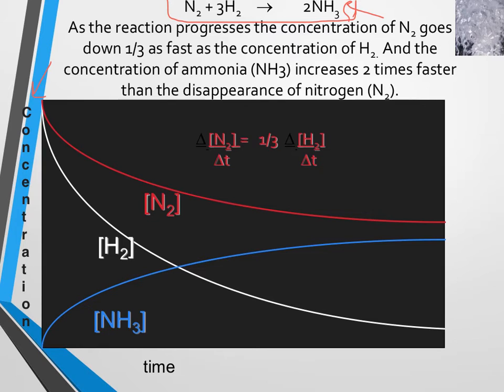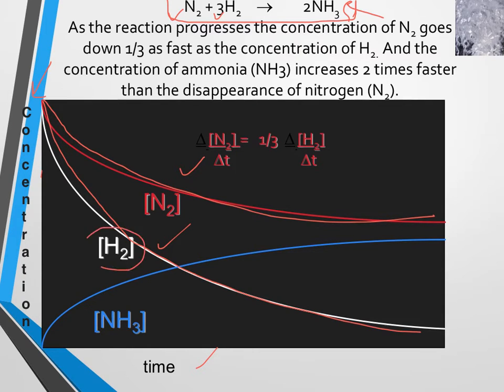So we have concentration on the y-axis, time on the x-axis, and the slope of all of these would be the rate. We have looked at the disappearance of reactants before, and that is always a downward sloping curve with any reactant. Now I would pause a minute and ask you, why are these curves different? The curve of hydrogen seems to be more steep.